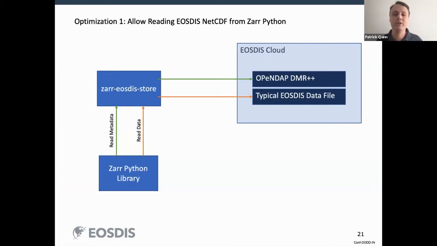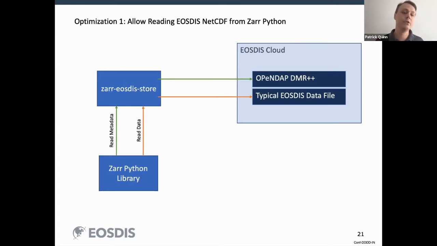Zarr is actually a really nicely built piece of software, and it supports multiple storage backends. So you can store Zarr in S3, you can store it in zip files, you can store it in a database. And so what we're doing is presenting a store that is stored in the cloud in netcdf4 and DMR++ format.